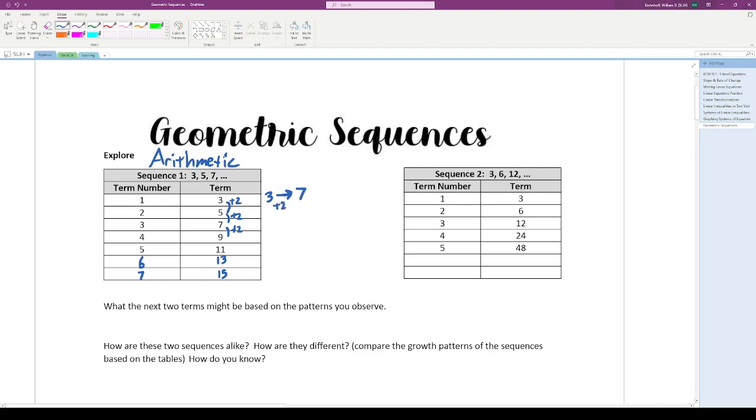Let's say I want to go from 3 to a question mark, from term 1 to, let's make it something really big, like term 20. If I'm adding 2 at each step, I'm taking 19 steps forward here. So that means I'm doing plus 2, plus 2, plus 2, plus 2. I'm not going to write them all out, but I would have 19 2's.